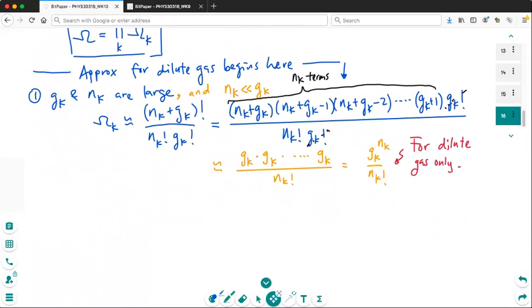And 2, actually, I don't need a separate category. Once you know how to do this approximation, you just copy down this result. So you have the product of GK raised to the power of NK divided by NK factorial.